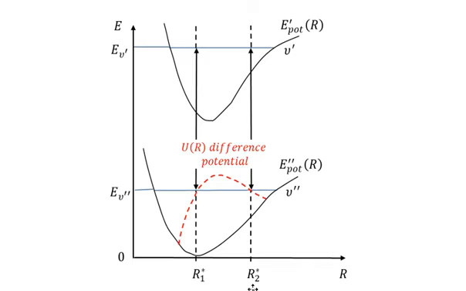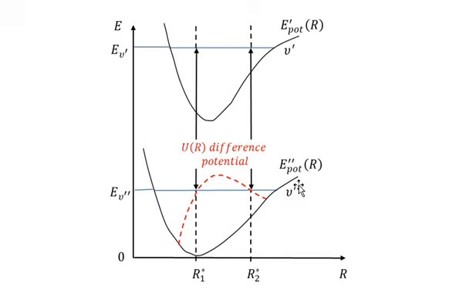Now you see that in the definition, what I do is subtract the E single prime potential from the E double prime potential. That is, the upper potential is subtracted from the lower potential. You know that the upper potential has a higher value in comparison with the lower potential. So when you subtract the upper potential represented by E single prime from the lower potential represented by E double prime, you will get a difference which is a negative quantity.